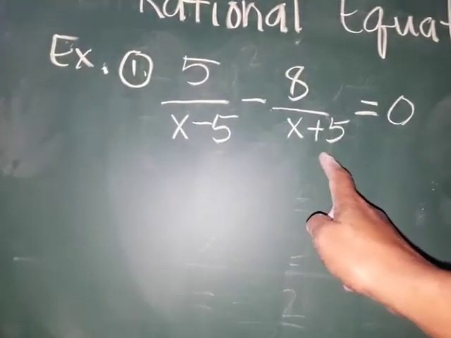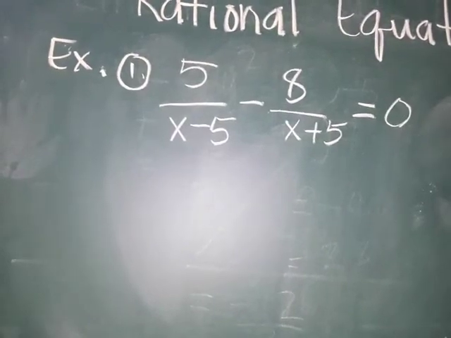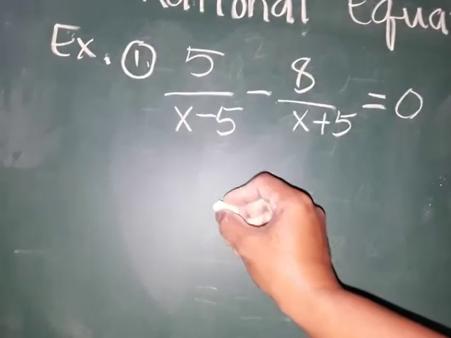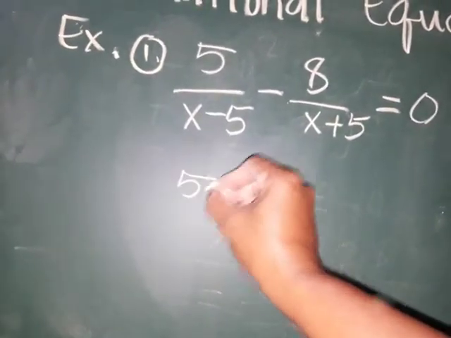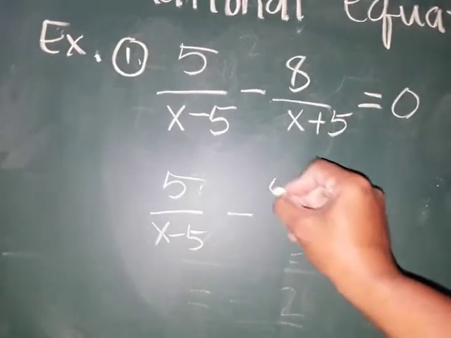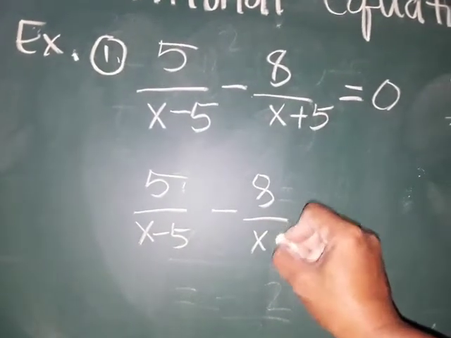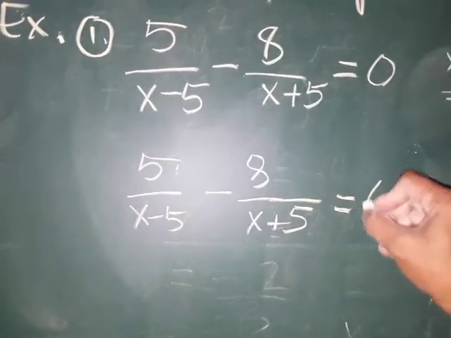Okay, let's proceed. Since ang hinahanap lang natin ay value ng x, so ituloy natin. Ang LCD natin ay x minus 5 and x plus 5. So i-multiply natin siya both sides. So copy lang natin: 5 over x minus 5 minus 8 over x plus 5 is equal to 0.